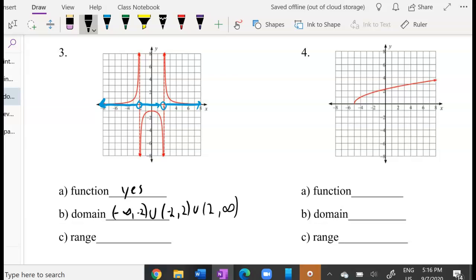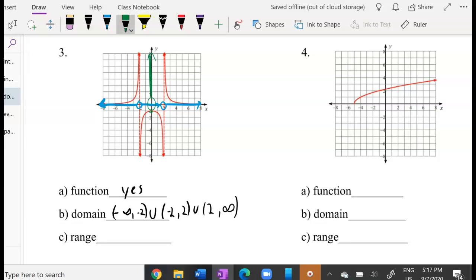Okay, so the range now doesn't include 0 because it's asymptotic going in this direction. Going in this direction, it's approaching 0, and in here, it's clearly missing 0. So it's going to be above 0. So we're going to have an open circle at 0, let me do this in green, but then everything above it goes up forever just like the curve does.